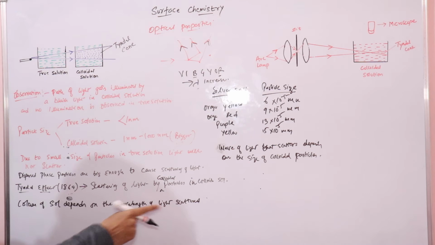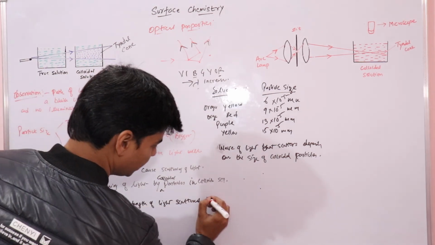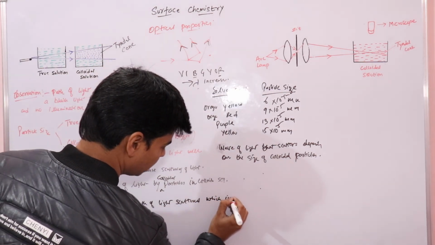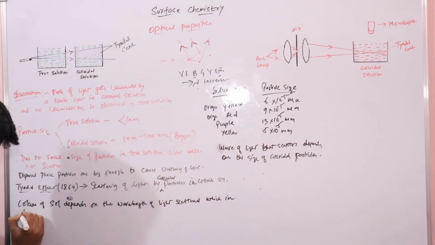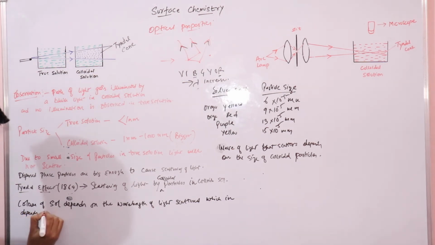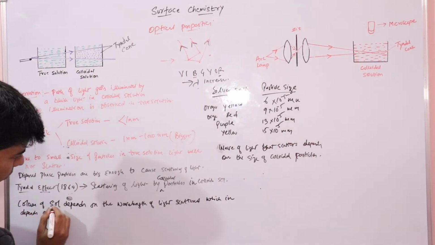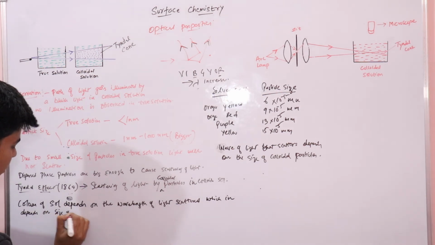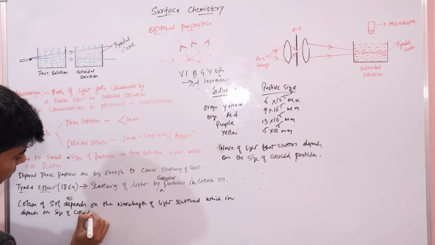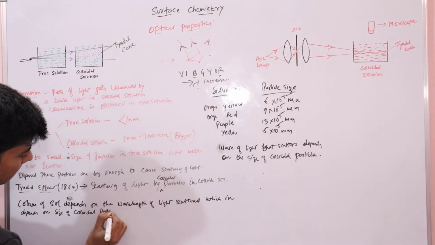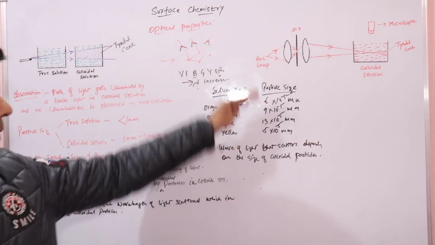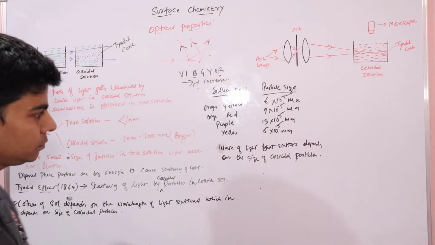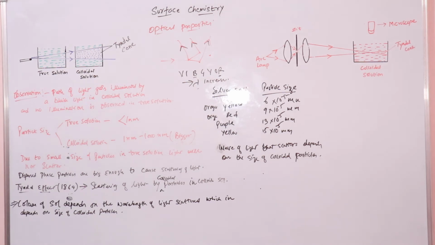So the color depends on the wavelength of light scattered, which in turn depends on the size of colloidal particles. This point is important, and this is the experiment which proves this point. I hope this is clear to you.